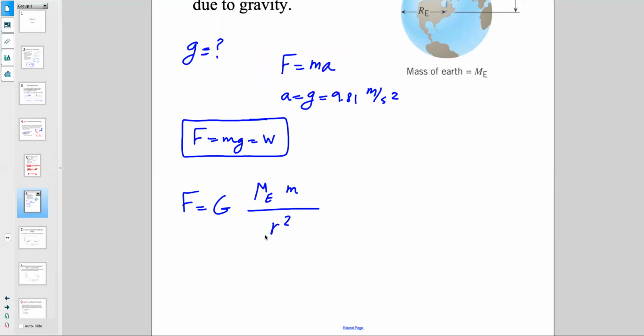If the person is close to the surface of the Earth, R is just the radius of the Earth.